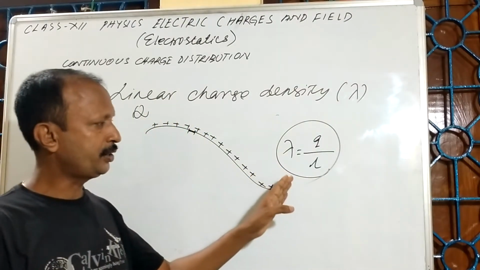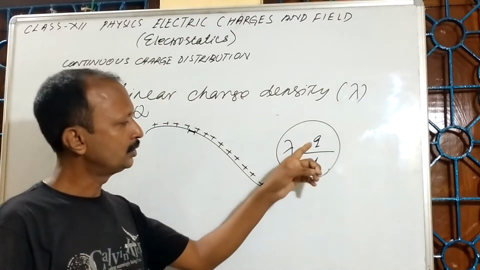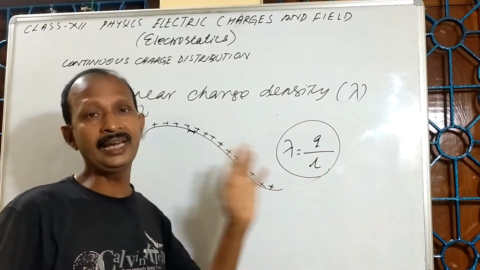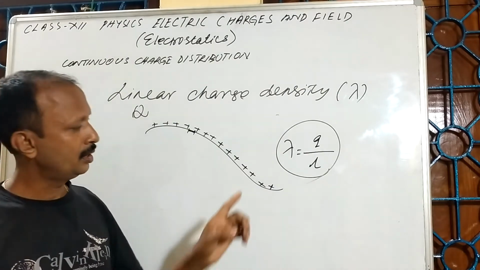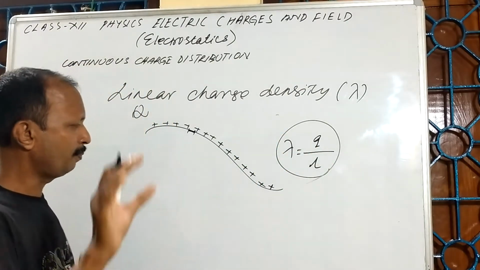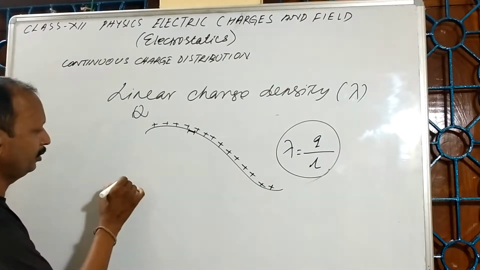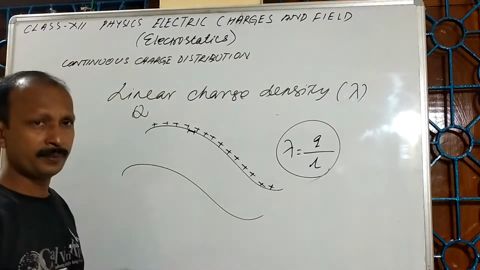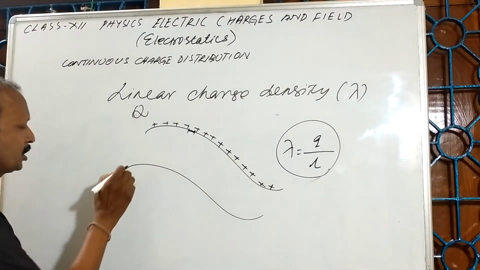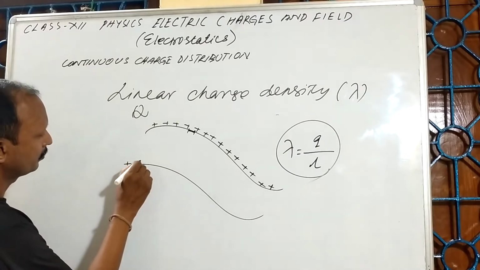The ratio between charge to the unit length. I have taken unit length, but one problem is there. For example, we have supplied the charge and it is distributed like this.